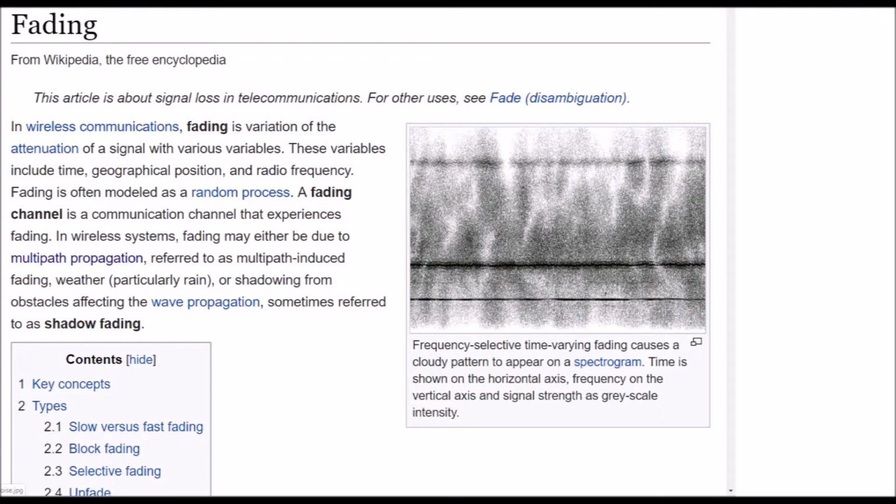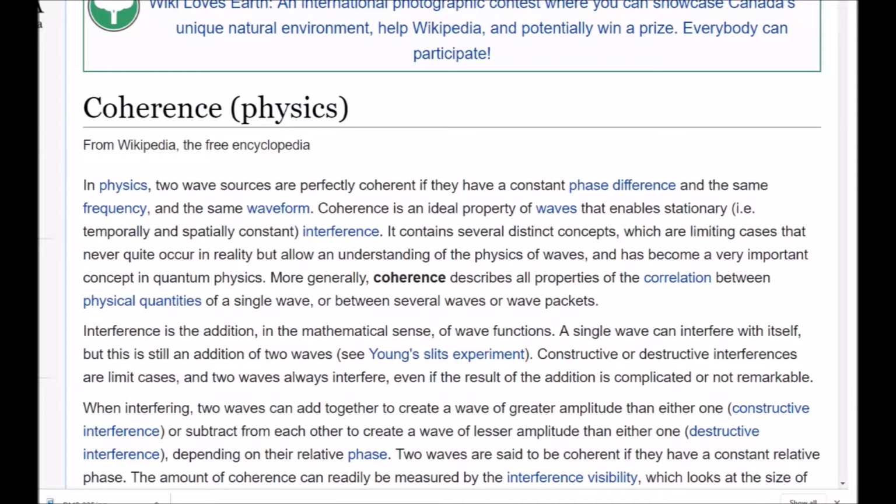The condition necessary is that the components of the wave remain coherent throughout the whole extent of their travel.